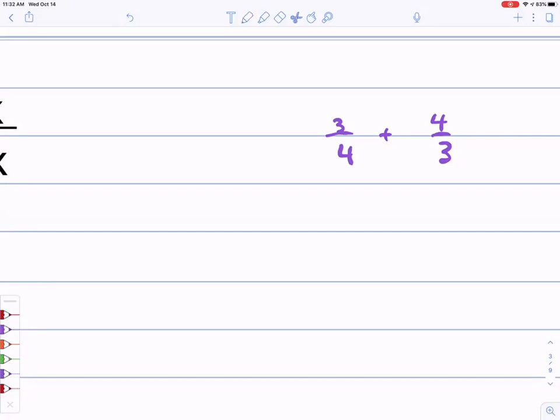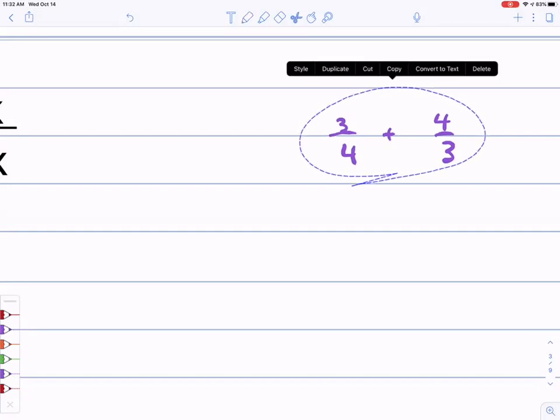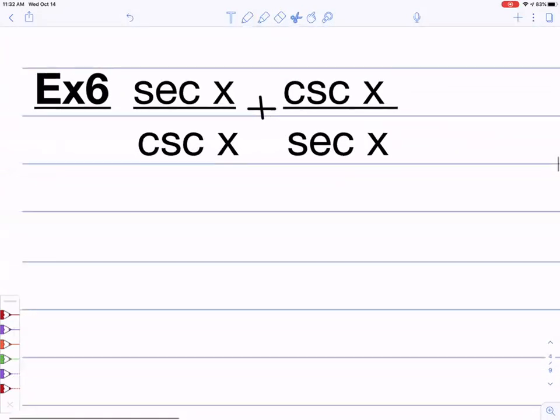Okay, with that said, let's come back over here. What would my common denominator be? Cosecant times secant. That's totally an option. Option number 2 would be what? Turn things into sines and cosines. You say, well, Ms. Roberts, which one's the easier? I don't know. I've worked them both ways, but I don't remember.